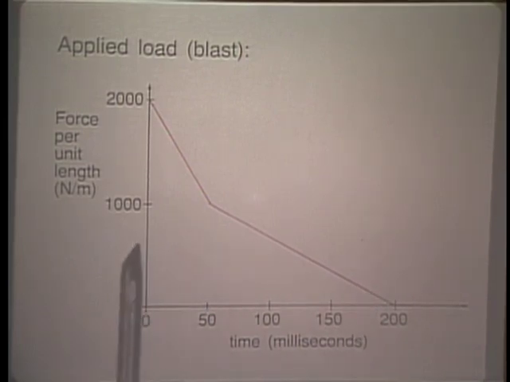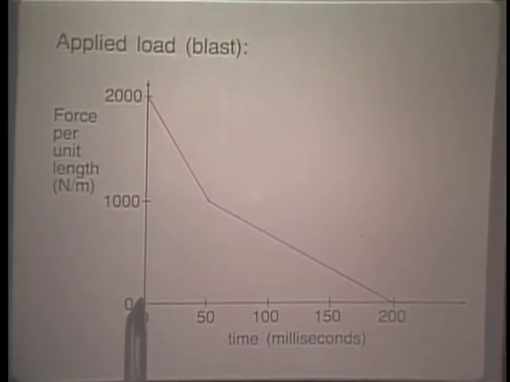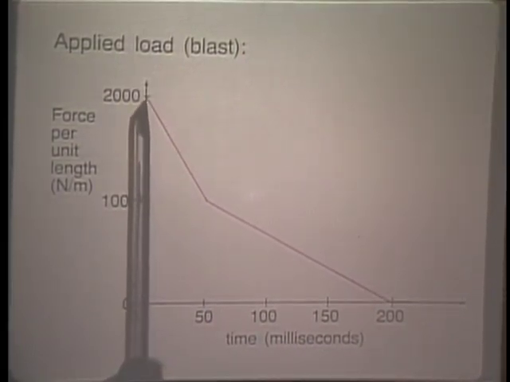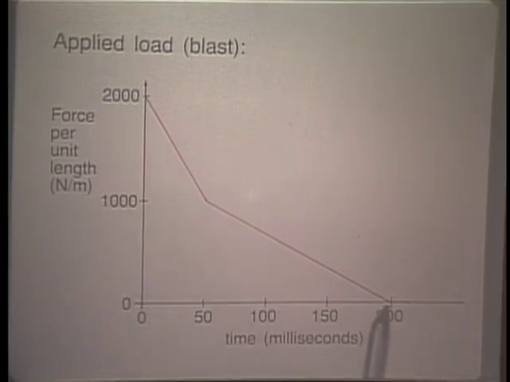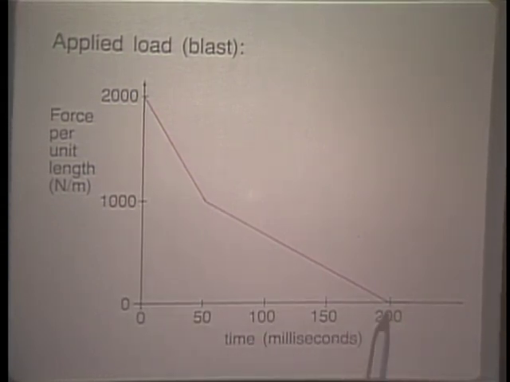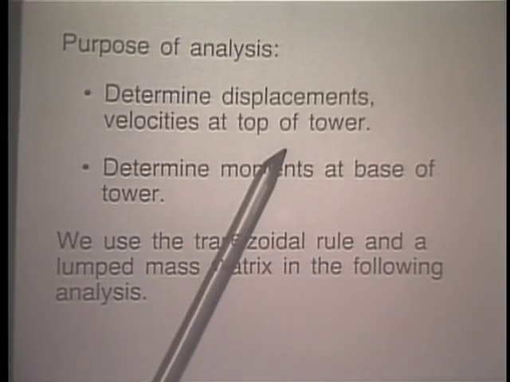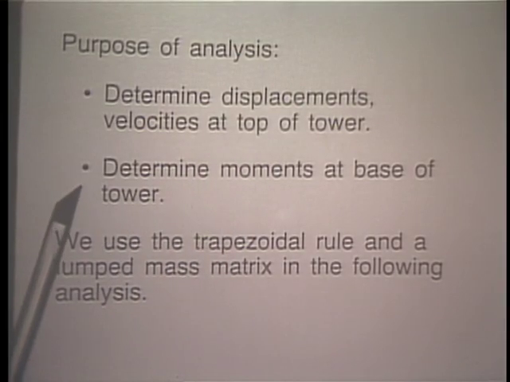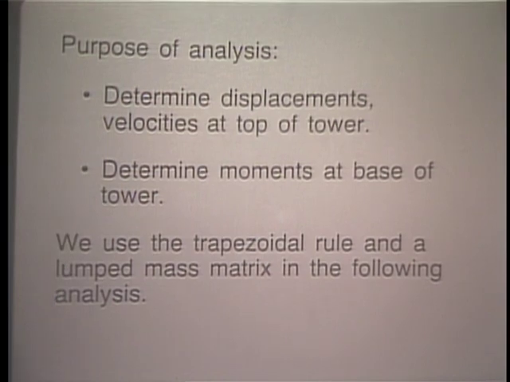Notice it's a load that we assume to be instantaneously there and then to decay as shown here over 200 milliseconds. The purpose of the analysis is to determine the displacements and velocities at the top of the tower, and to determine the moments at the base of the tower.